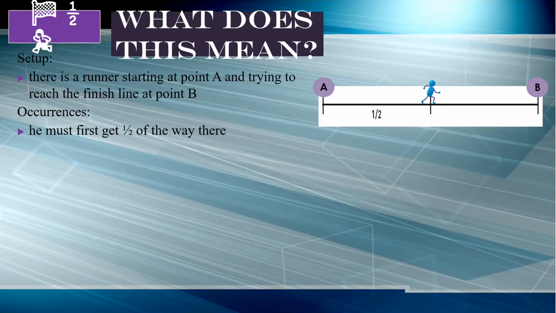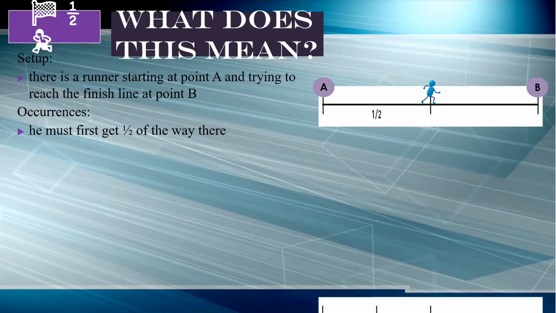In order to reach his endpoint, the man must first get halfway there. We know that. If you are walking across your room, you would first have to reach your nightstand, for example, before you reach the door.